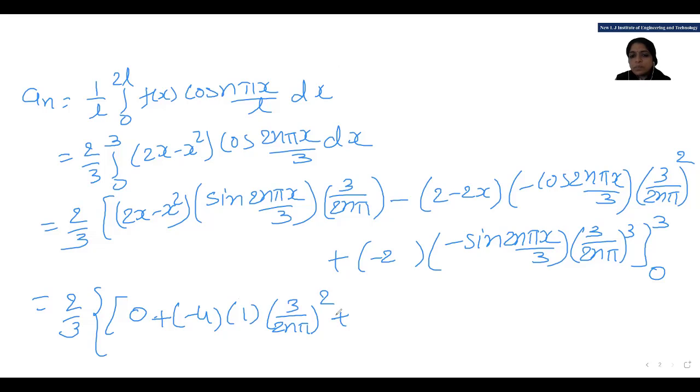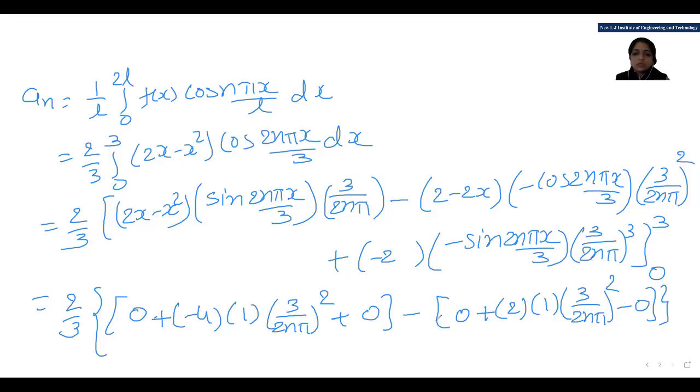So sine 2n pi is again 0. Minus, if I substitute my lower limit, then this is sine 0, and sine 0 is 0. Minus minus plus 2 minus 0, so 2. Here cos 0 is 1. Here 3 upon 2n pi whole square, and sine 0 is 0.